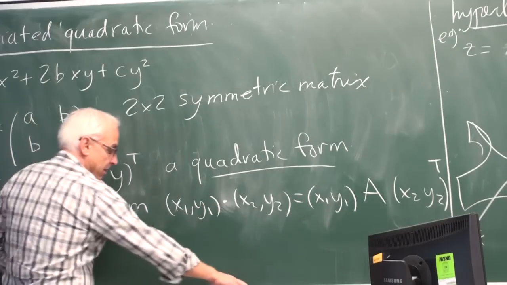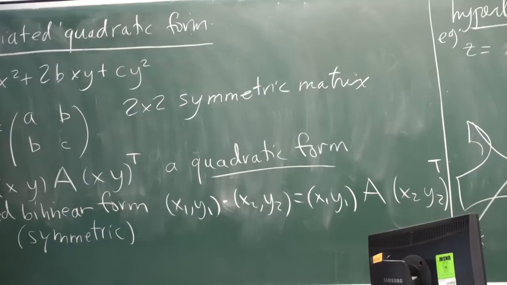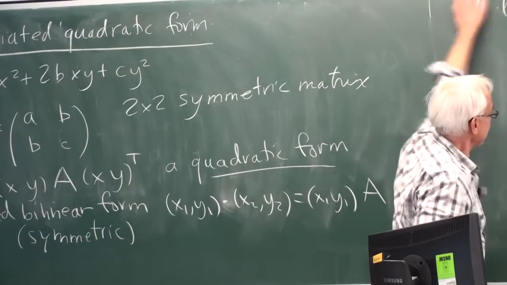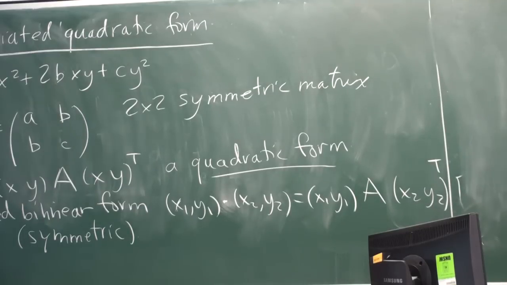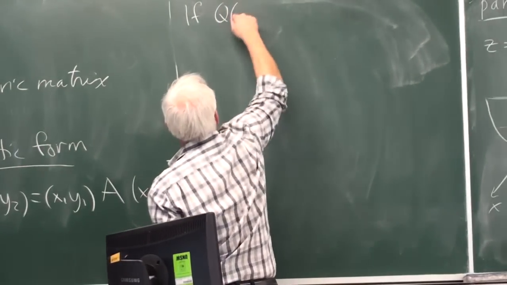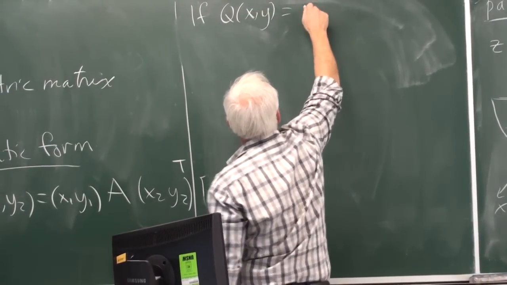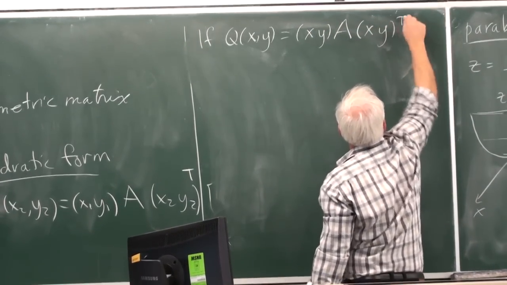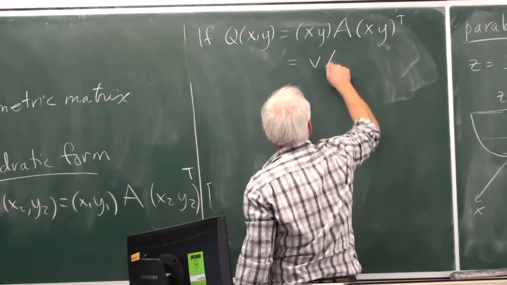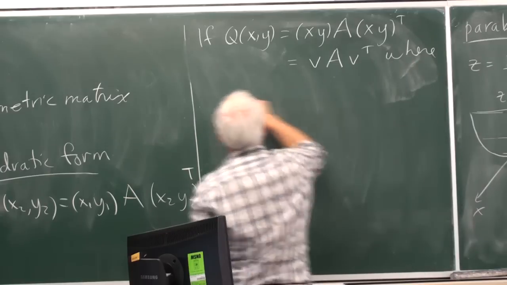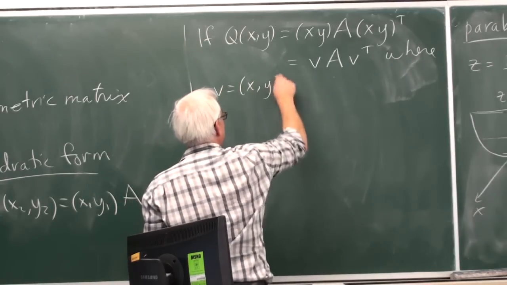Okay, so we have to say a little bit about quadratic forms. We'll say a little bit more about them later in the course, but for now we'll talk about some basic facts about them from linear algebra. So if we think of this thing as a function of x and y, so Q of (x, y) is (x, y) times this matrix times (x, y) transpose, we can maybe think of it as just V A V transpose, where V is the vector (x, y).